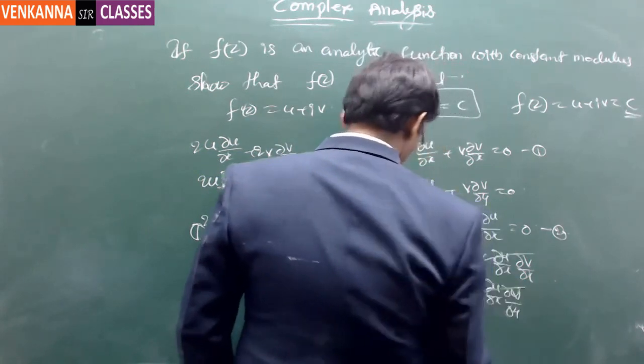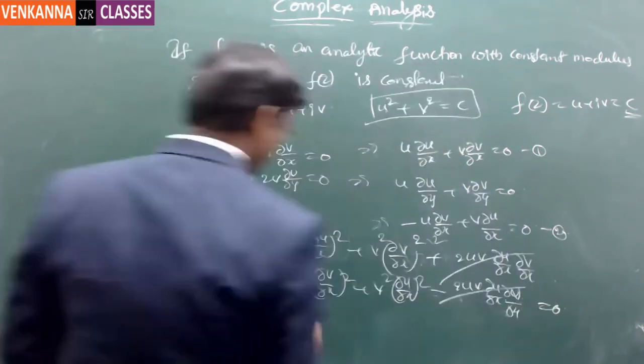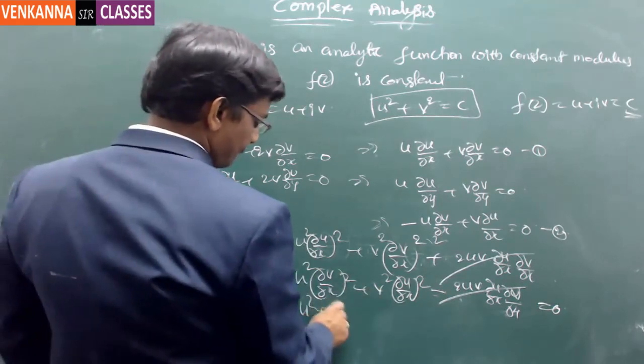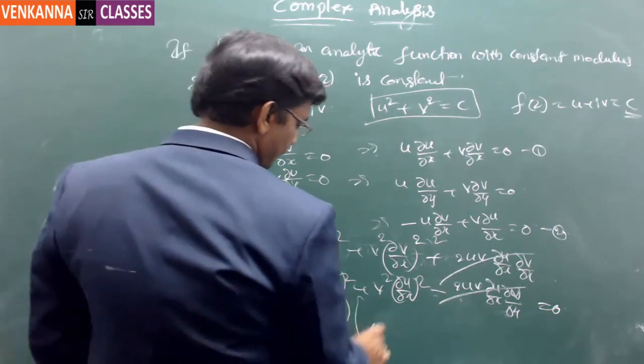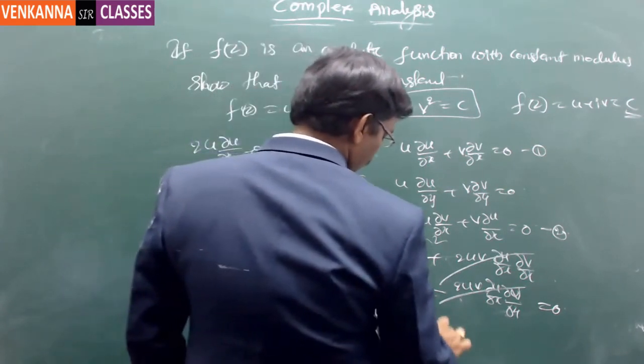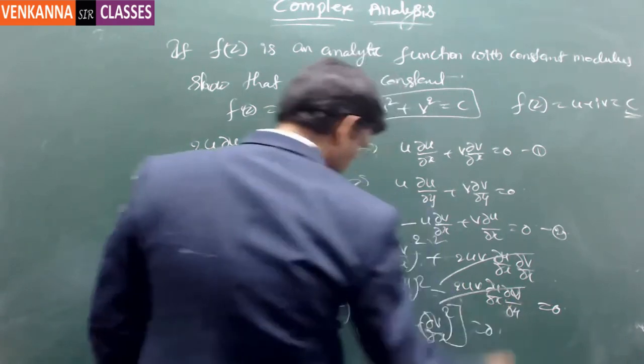These two cross terms will cancel out and this is equal to 0, and this is (u square plus v square) times ((∂u/∂x)² plus (∂v/∂x)²). This is equal to 0.